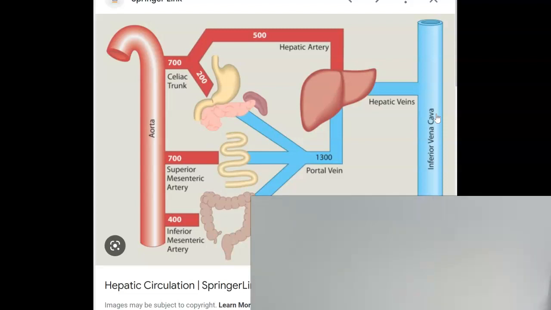If you don't remember anything from this lecture, remember the celiac trunk, superior mesenteric artery, and then inferior mesenteric artery. And the liver is supplied by both the superior mesenteric artery via the portal vein, and also the hepatic artery from the celiac trunk. So it's two circulations going on in one.